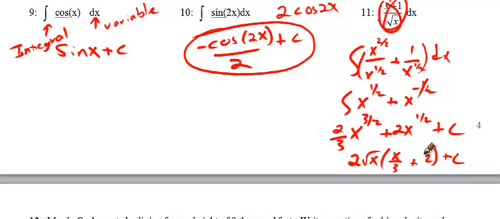Oh, sorry, this is not 2, this is just 1. Took out the 2. So this is what you might see in a multiple choice question. This is what you might see in the back of the book, taking out a GCF and cleaning things up a bit. As far as I'm concerned, this is just fine.